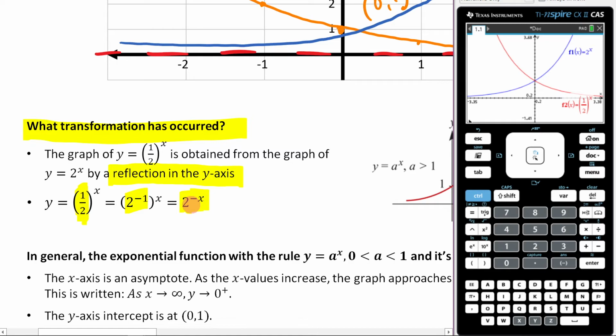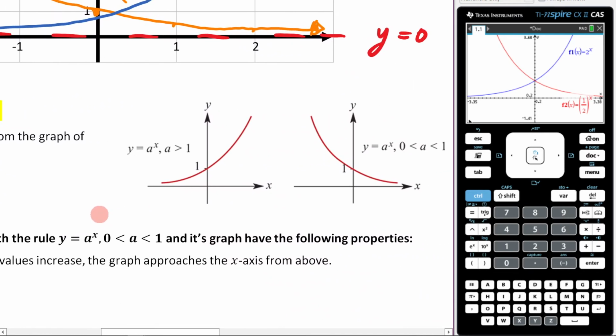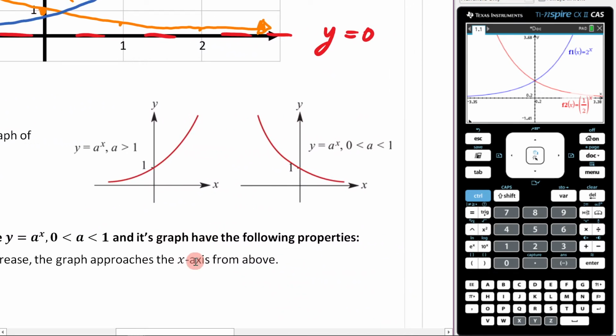So this makes perfect sense as to why we're getting a reflection in the y-axis. This is what it looks like. Notice that you're still getting an asymptote at y is equal to 0. You're still getting the same y-intercept. But when a is less than 1 but greater than 0, you're going to get that reflection taking place.